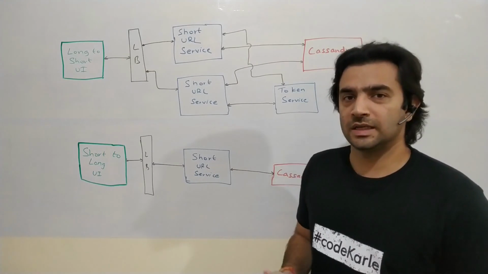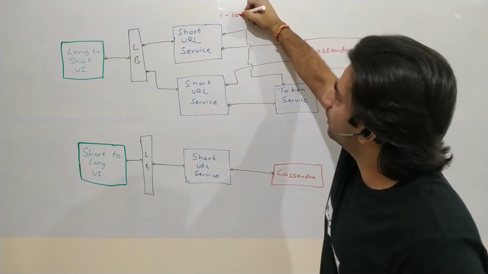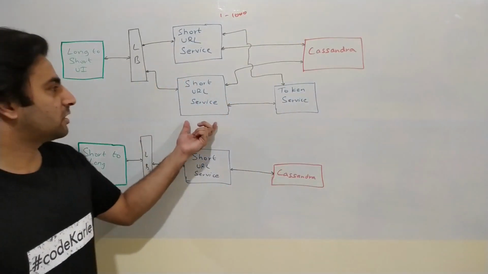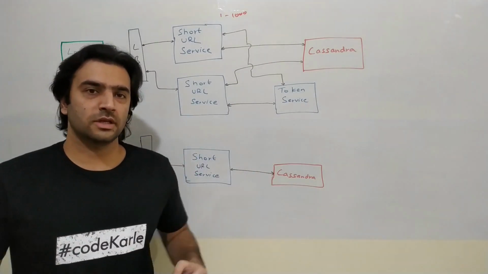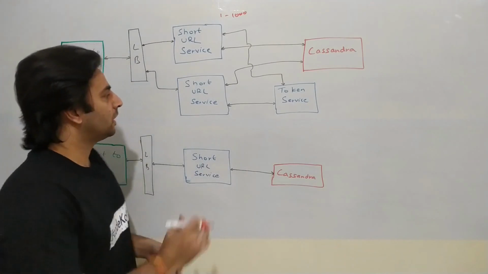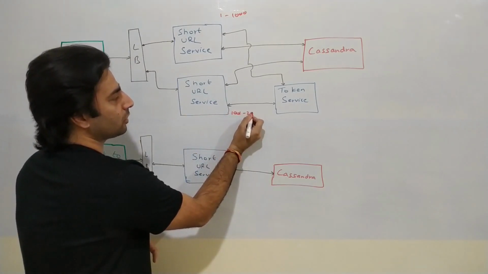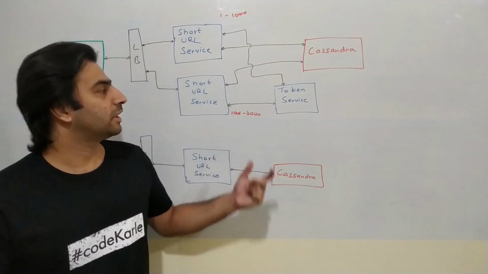Let's say it gives range 1 to 1000 to this machine. Now this machine on startup will also call the token service. So all of these services call the token service either when they start up or when they are running out of the range. Let's say this service got a range from 1001 to 2000. Similarly, other instances of the same service would also get some range.